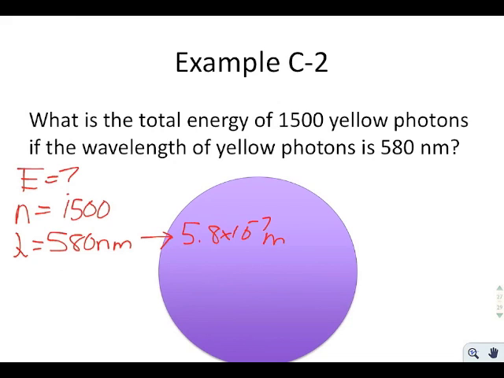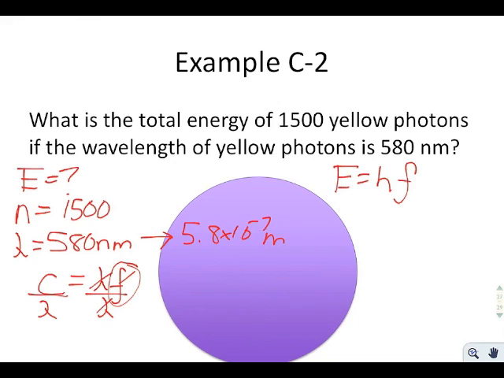In order to figure out the energy, remember the formula is E equals hf. But we don't have f in this case, so what we can do is use our other formula, c equals lambda f. We divide both sides by lambda, and you get frequency equals c over lambda, or E equals hc over lambda.